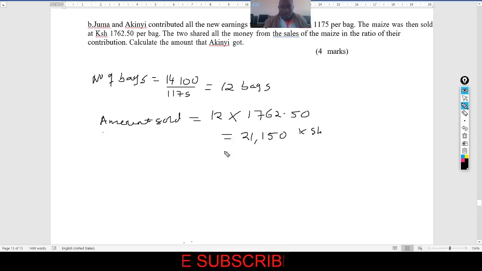That's the amount sold. Now, the two shared it in the ratio of contributions. That is Juma to Akinyi: Juma's new earning was 8,400, and Akinyi's new earning was 5,700.